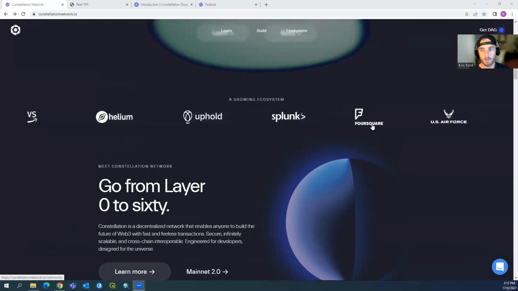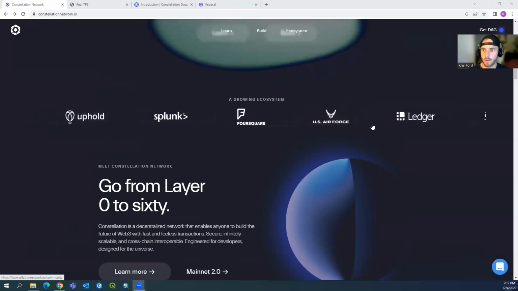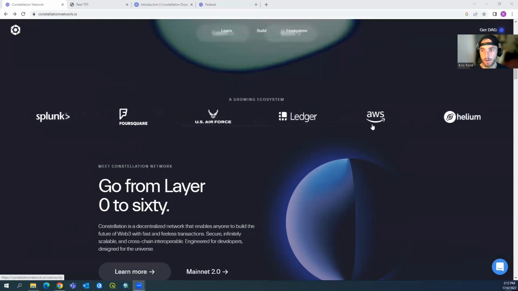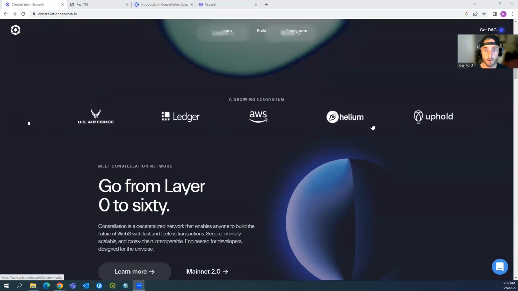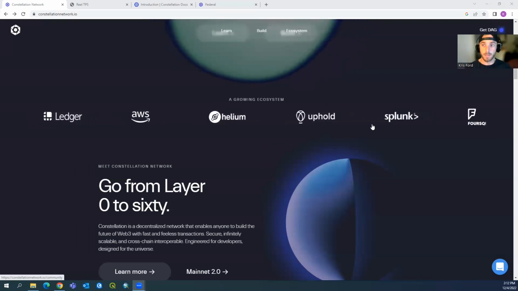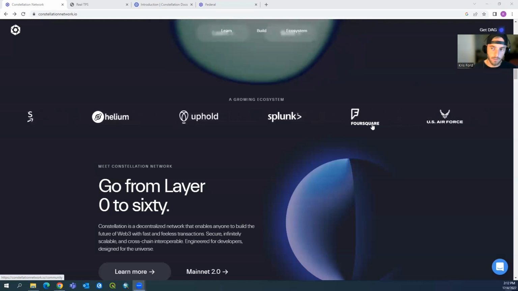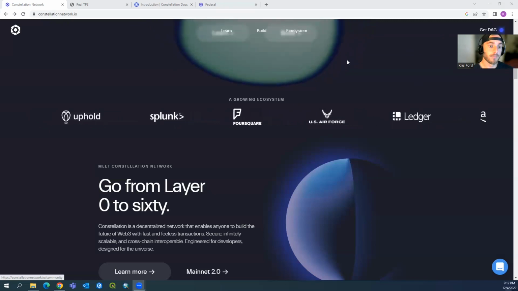A lot of these smaller projects, you're not going to get massive sponsorship from Amazon, the US Air Force, or Ledger. But the ones where these big corporations are confident they are going to have the largest impact in this space, those are the projects they're going to be investing in. And DAG, or Constellation, is one of those projects that we're going to be talking about today.